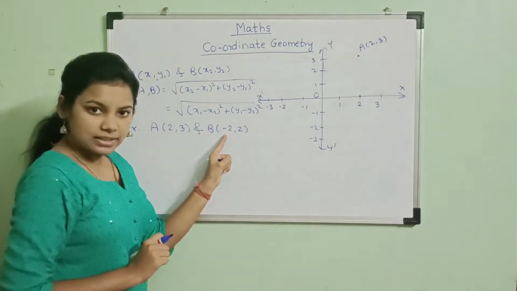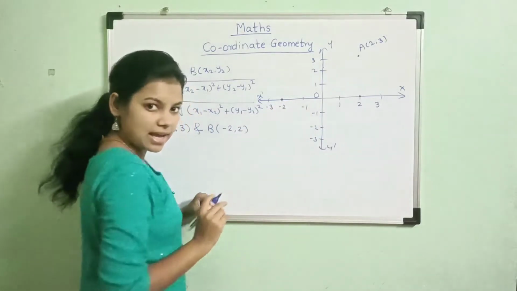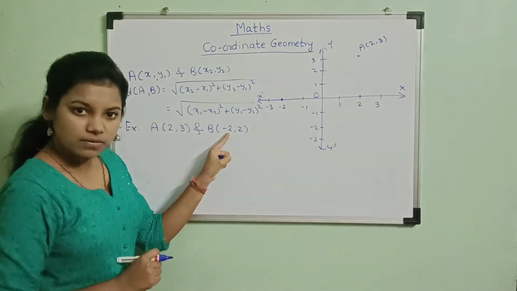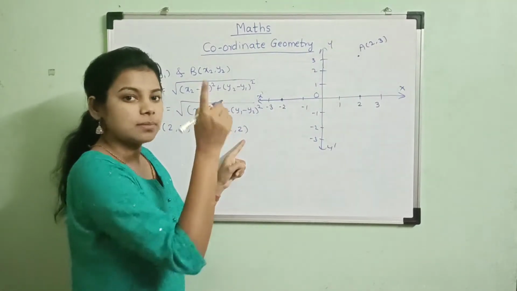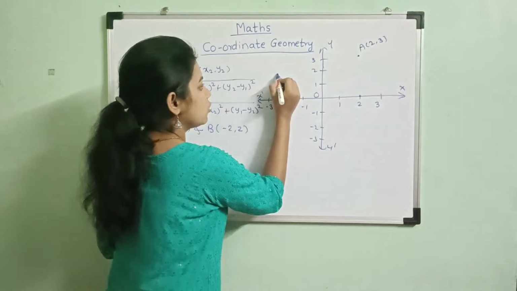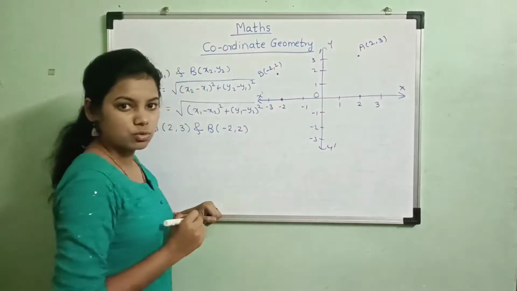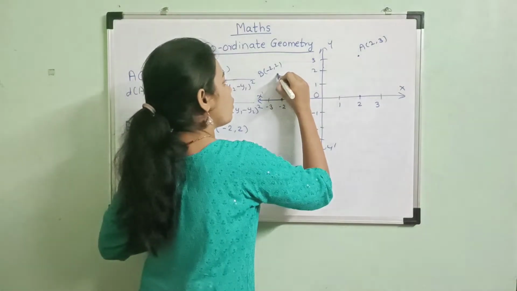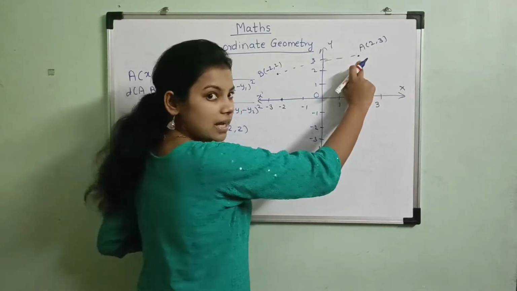Here we have to move 2 units in the negative x direction, because the first coordinate is always the x coordinate, and then 2 units in the positive y direction, 1 and 2, till here. This is the location of point B, -2, 2, and we want to find the distance between these 2 points, A and B.